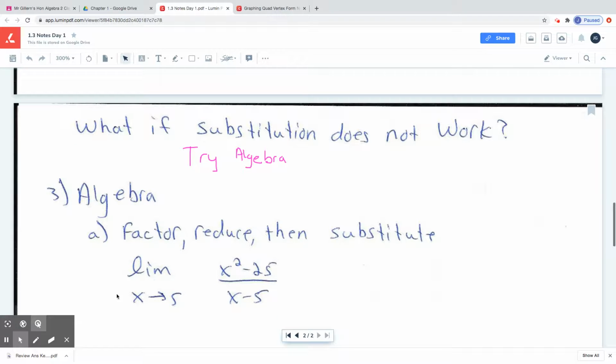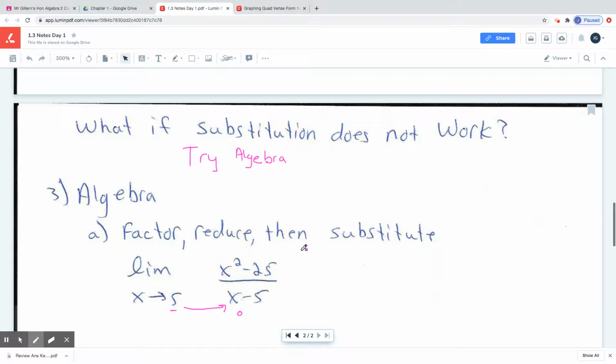Look at this first example, the limit as x approaches 5 of x squared minus 25 over x minus 5. If I substitute in 5 here, I get 5 minus 5, which is 0. You cannot have 0 in the denominator of a fraction. That tells you substitution won't work, so you have to do something else.